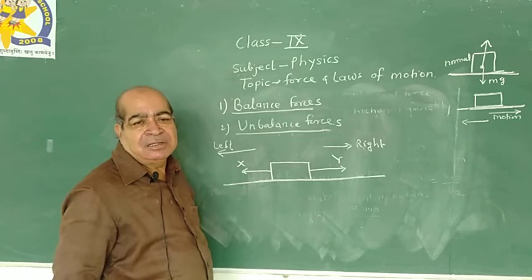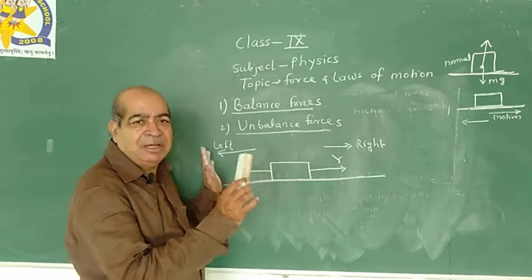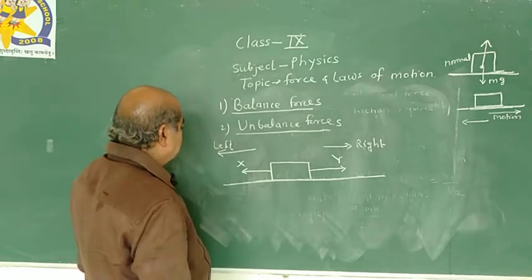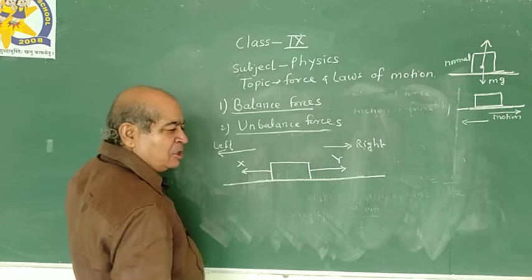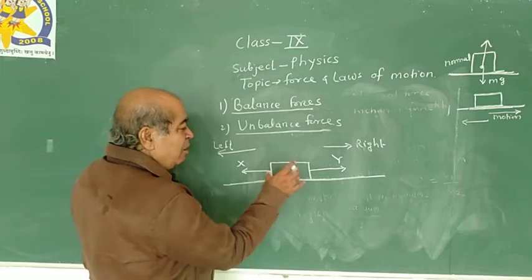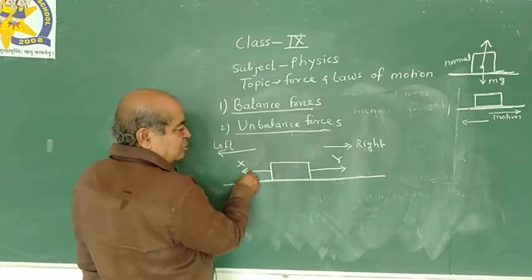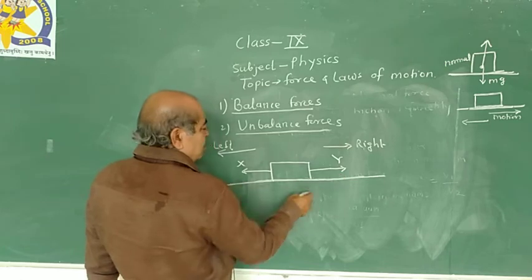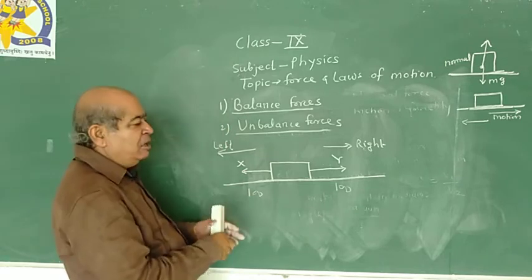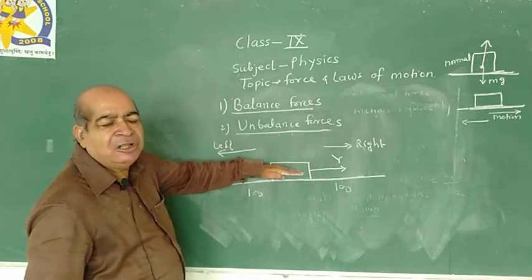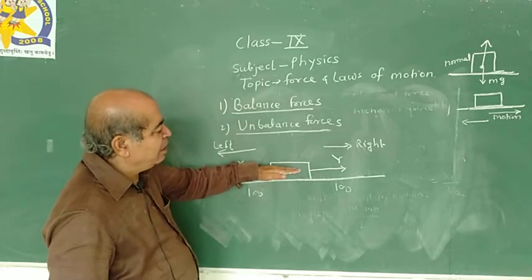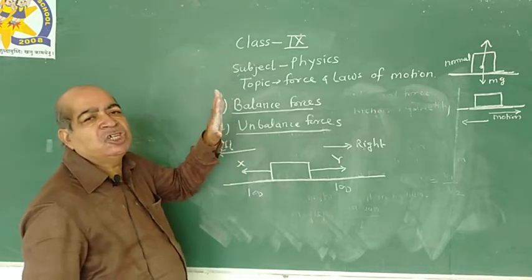When the forces X and Y are simultaneously applied, simultaneously means at the same time, X is applied and Y is applied, of equal value, that means if X is 100, then if Y is also 100, then there is no change in the position of the object. The object will remain at its own position.